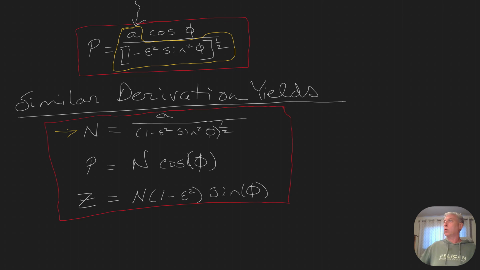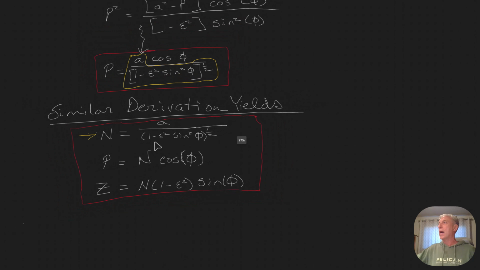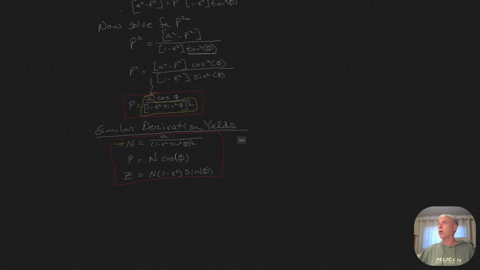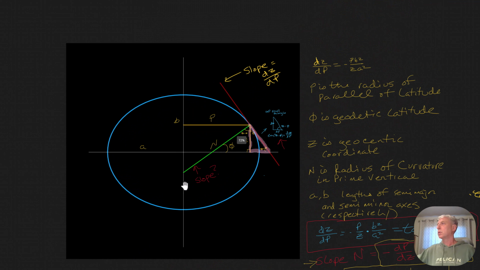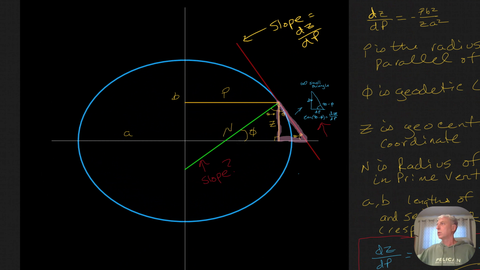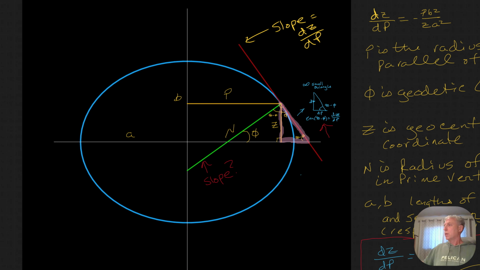Cool. So we have the length of our radius in the prime vertical. We have our radius of a parallel of latitude on the ellipsoid, and we have our z component, or our z Cartesian coordinate. And if I just go back to that diagram, what do we have? So the parallel of latitude's given, right?